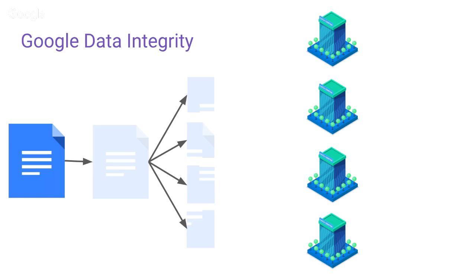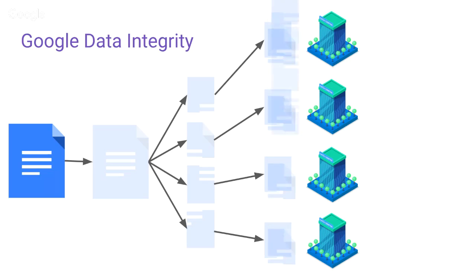In fact, Google has 7 products with over 1 billion active users, and they're all managed in this data center network. So your shredded asset, now in small pieces, is sent to a number of data centers. And it's also replicated across these data centers. So it exists in many locations, but it's never complete in any single one.